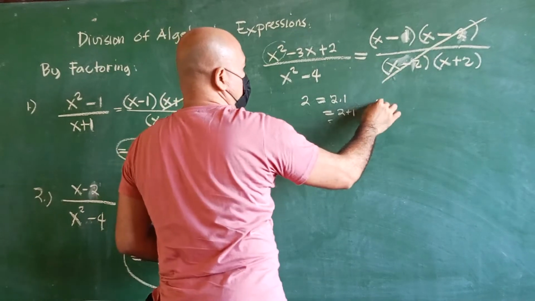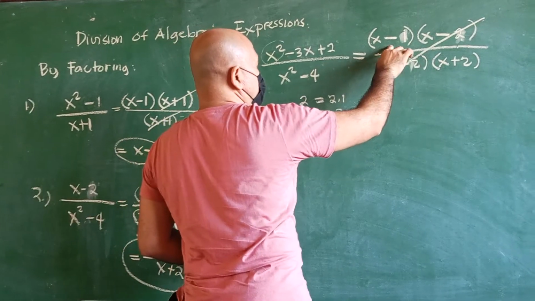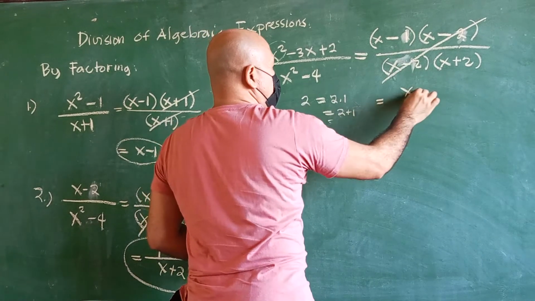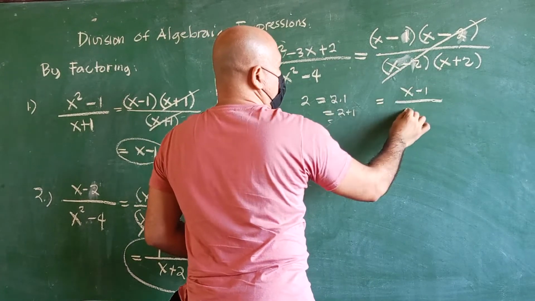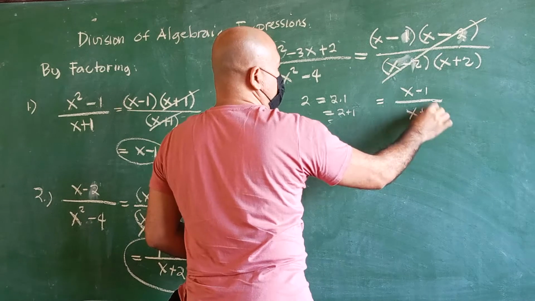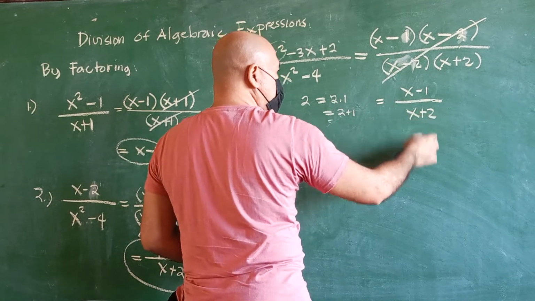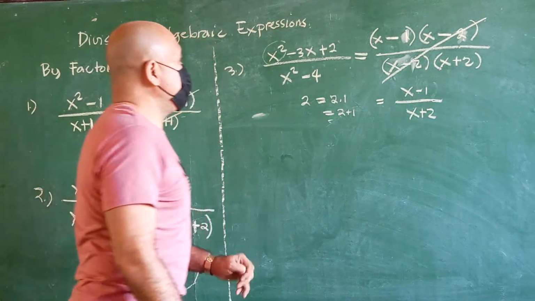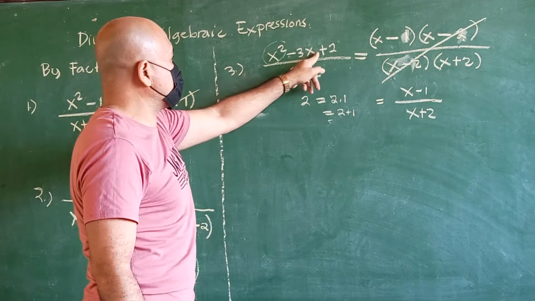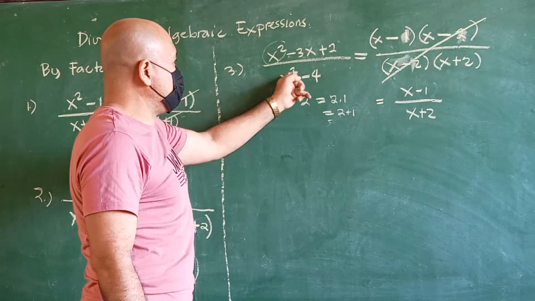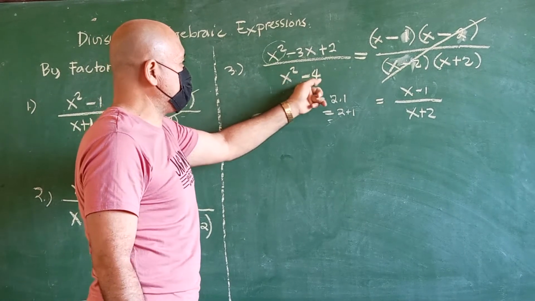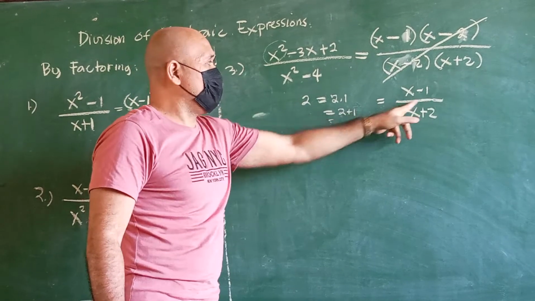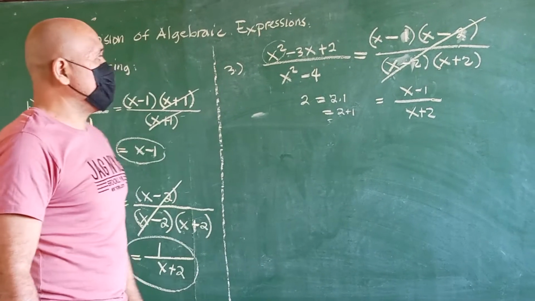Just cancel that one out. So the remaining expression is x minus 1 over x plus 2. Either you place them inside the parentheses or not, that is still acceptable. So x squared minus 3x plus 2 divided by x squared minus 4, the answer is x minus 1 over x plus 2.